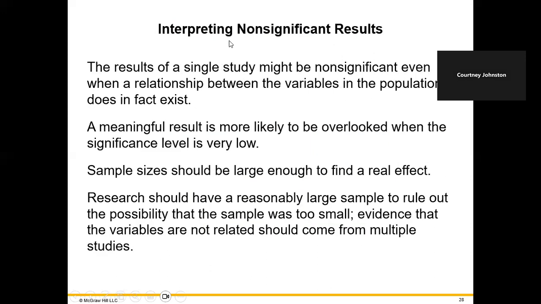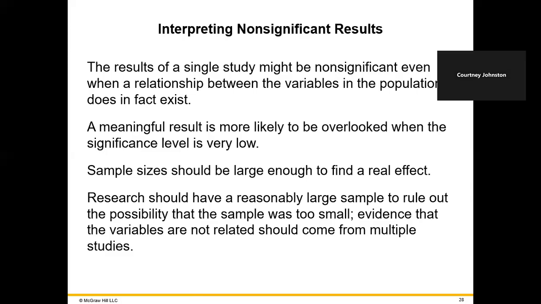Now, interpreting non-significant results. The results of a single study might be non-significant even if there's a relationship between the variables that actually exists. A meaningful result is more likely to be overlooked when the significance level is very low. Sample sizes should be large enough to find a real effect.